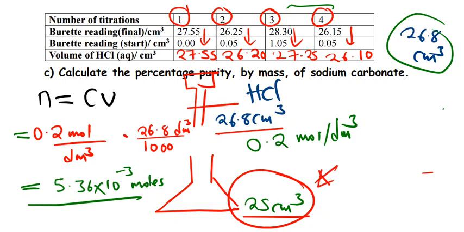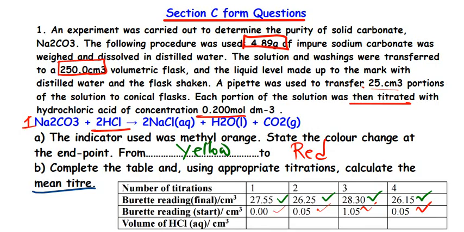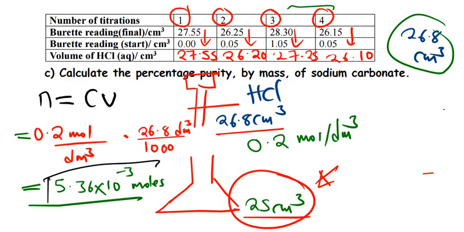Now, if we take it back to the question, we had diluted up to 250 cubic centimeters after we dissolved the impure sodium carbonate. So if these are the number of moles contained in 25 cubic centimeters, how many moles are contained in the 250? It's just a basic ratio.